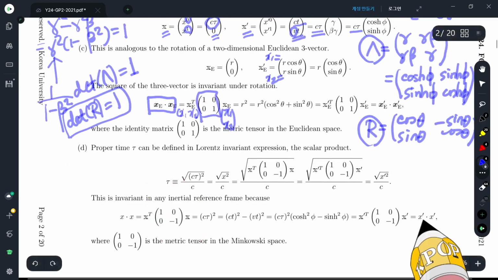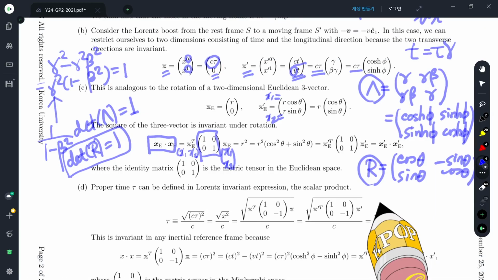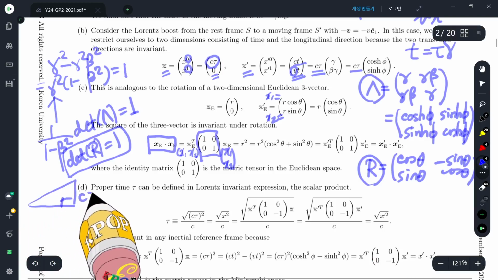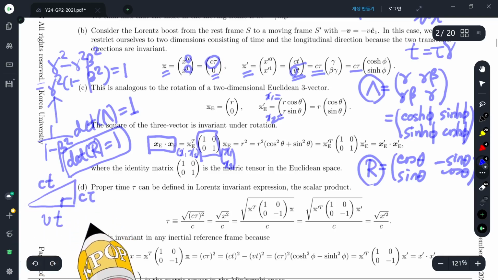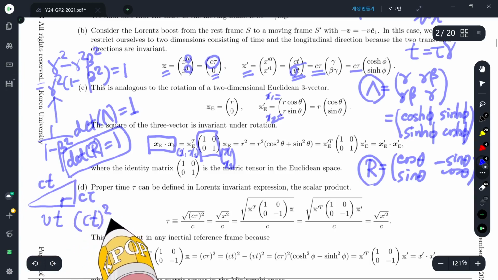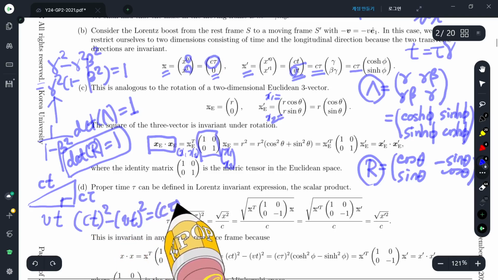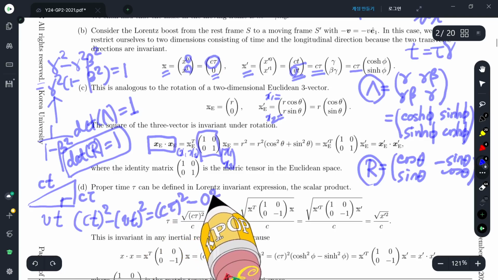In a similar manner, except that the distance is defined in a different way in the Minkowski space, we have a relativistic triangle with C tau, Ct, and Vt. And here we have the invariant relation Ct squared minus Vt squared equals C tau squared, and C tau squared is actually C tau squared minus 0 squared.